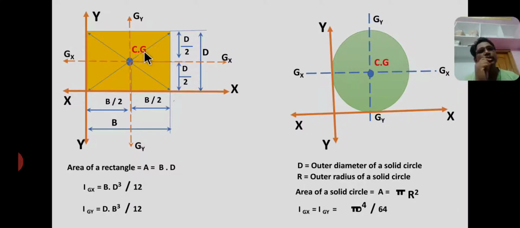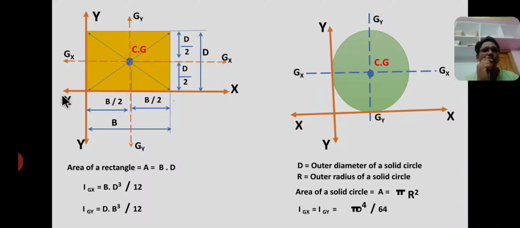So CZ is the centroid of a rectangle. It lies at a distance of base by 2 from this side and height by 2 from this side. Okay, the given rectangle is symmetric about the horizontal and vertical axis. Therefore the centroid lies at half of the base and half of the height.